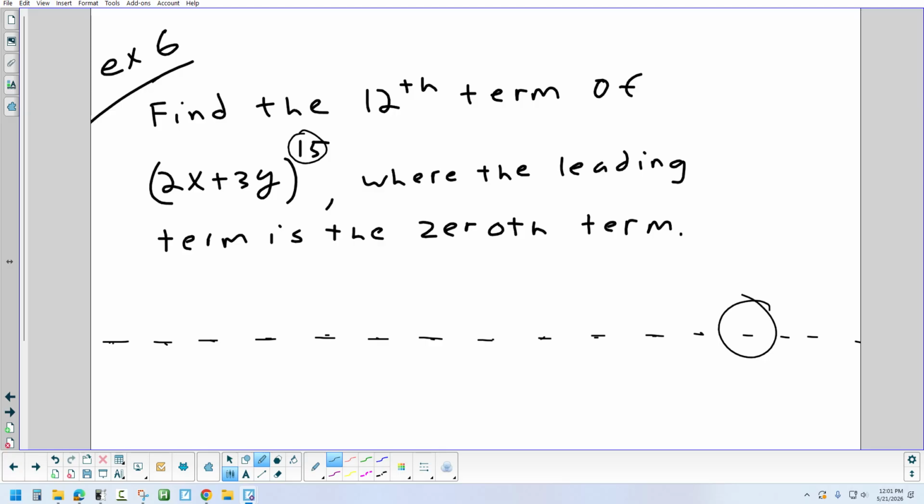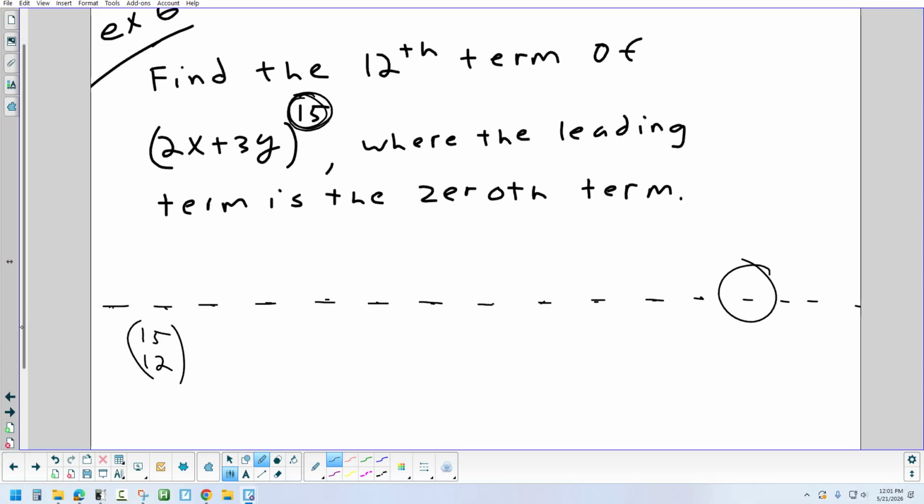Okay. So you're trying to find the 12th term. Think about the coefficient first. This tells you the row. You're going to be in the 15th row of Pascal's triangle, and you need the 12th column. So you're going to have to figure out 15 choose 12. That's the number.